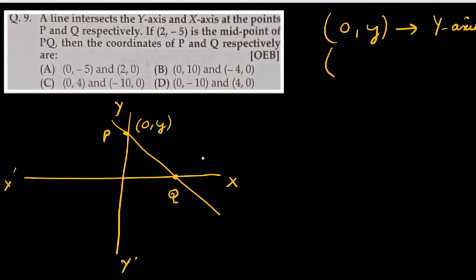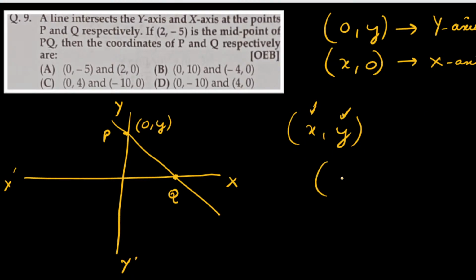And if any point lies on the x-axis, it means the value of y is 0. We write coordinates like this, x, y, where the first one is x and the second one is y. So if any point lies on the x-axis, we know y will be 0, so it will look like x, comma, 0. If any point lies on the y-axis, x is 0.